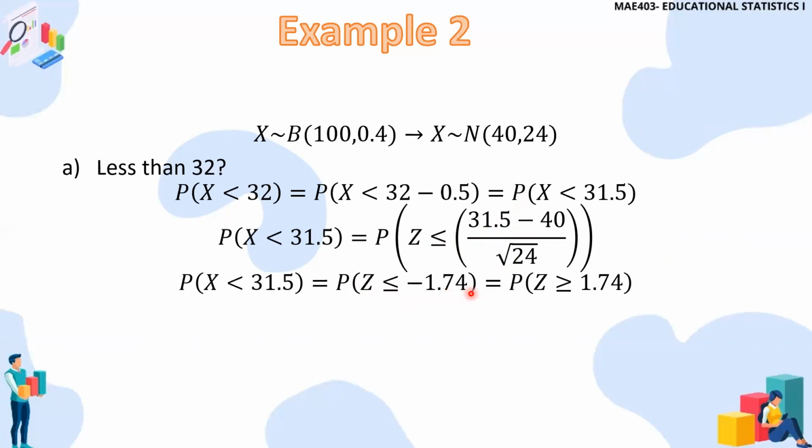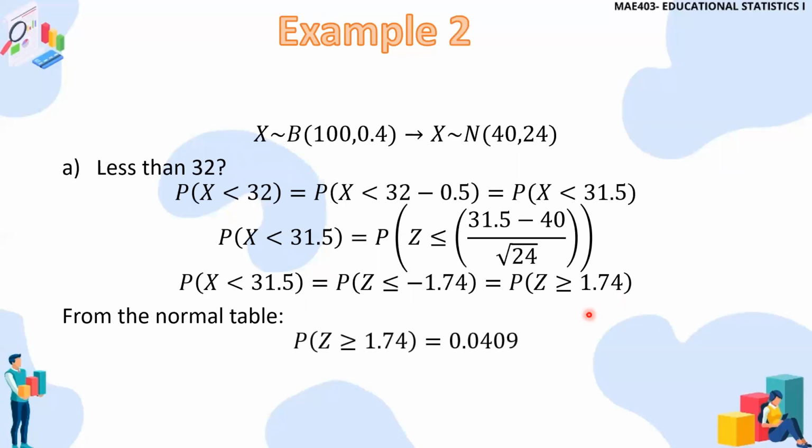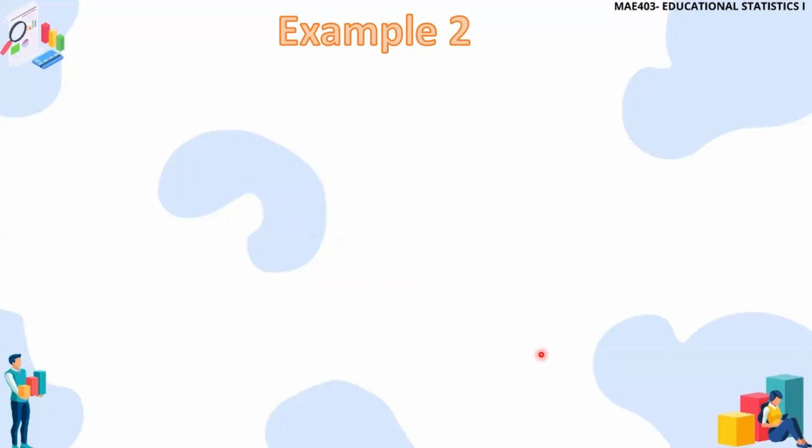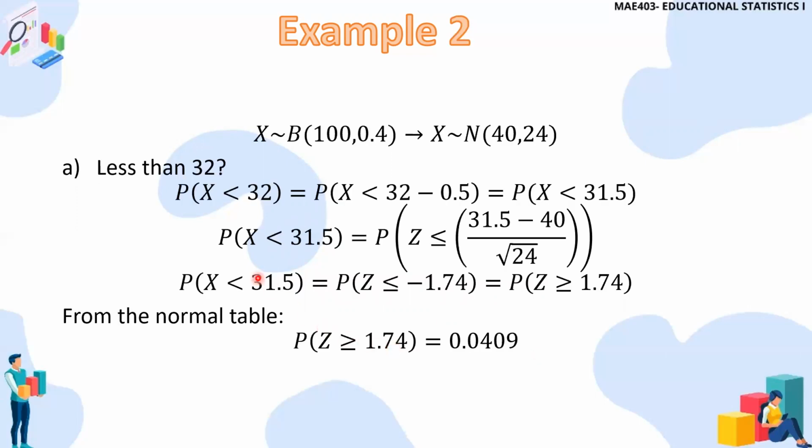Since our statistical table is on the positive sides, it's actually equal to the probability of Z greater or equal to 1.74. So from the table, the probability of Z greater or equal to 1.74 is 0.0409. Therefore, the probability the drivers involved in accident during weekend less than 32 is 0.0409.